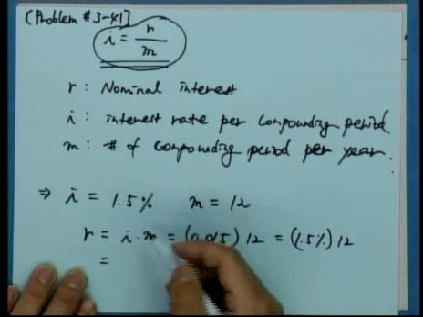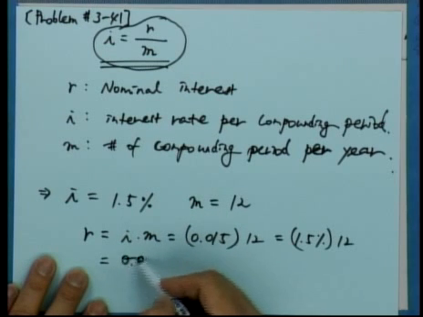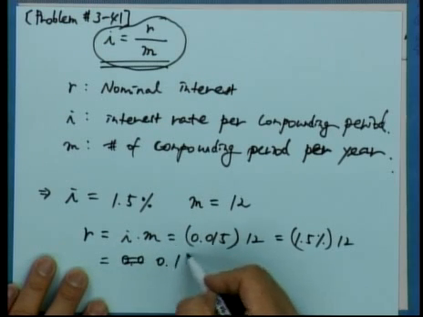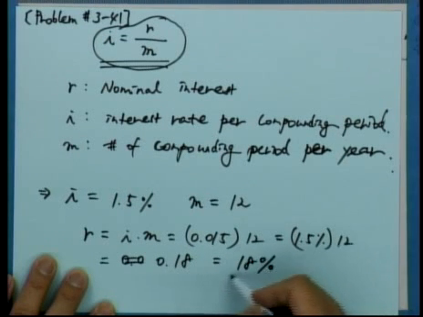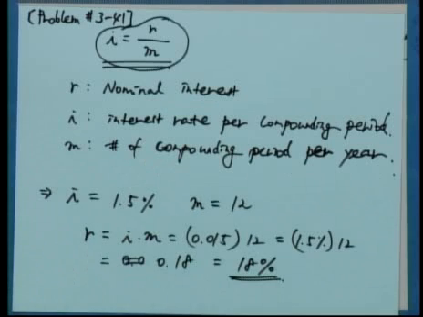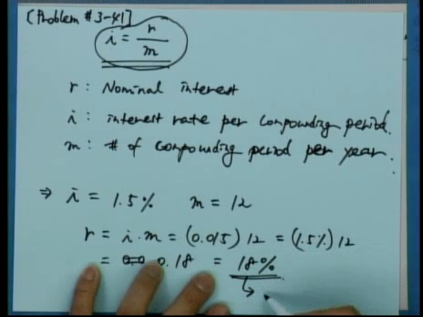So r would be 0.18, which is 18%. Okay? So this is the nominal interest.